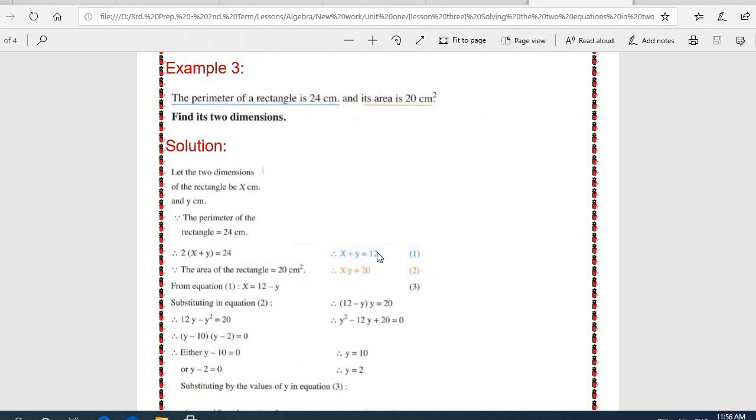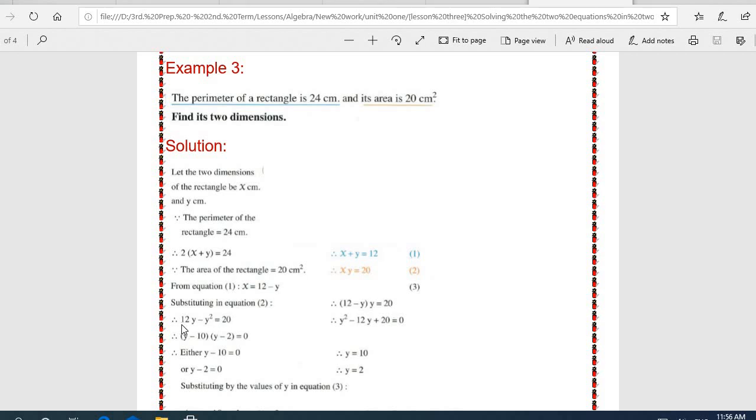This is the first equation, linear. This is the second equation, quadratic. From 1, we find the value for x: x equals 12 minus y. We substitute the value of x in equation 2: 12y minus y times y equals 20.